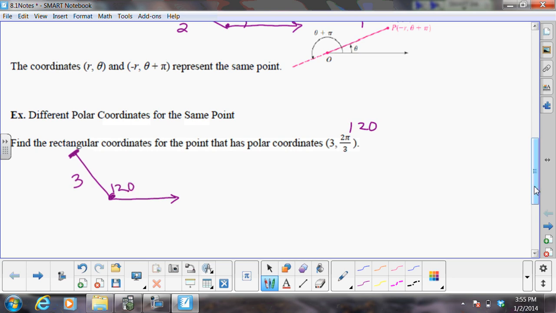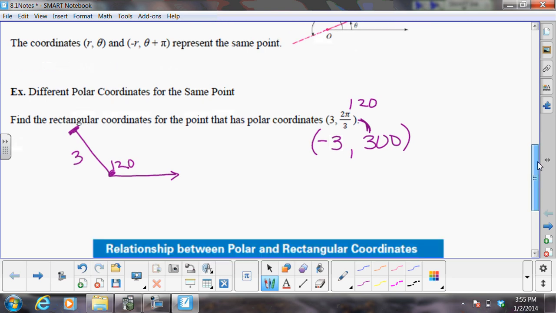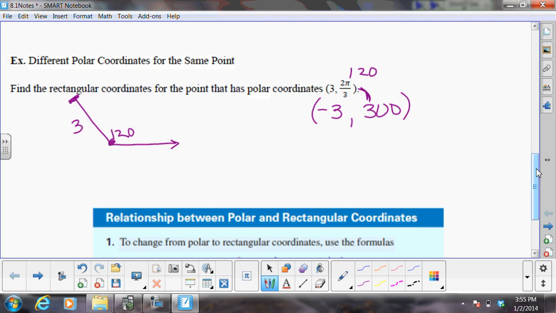So what that statement is saying before, that if we do -3, and we do 120 plus pi, which is 180, these two should essentially be the same actual picture. Well, if I could draw that. Here's my polar axis.